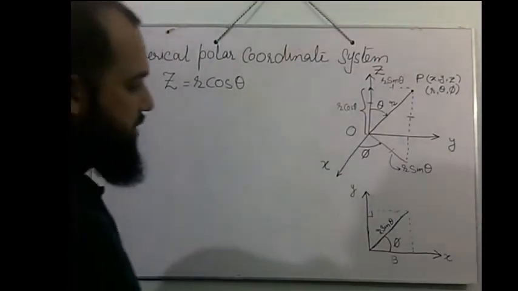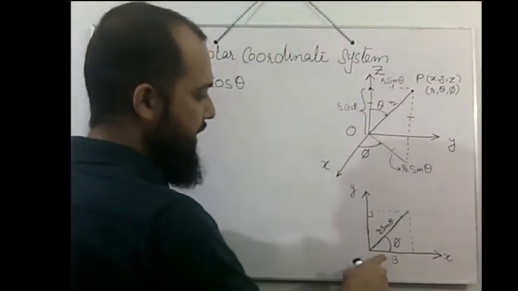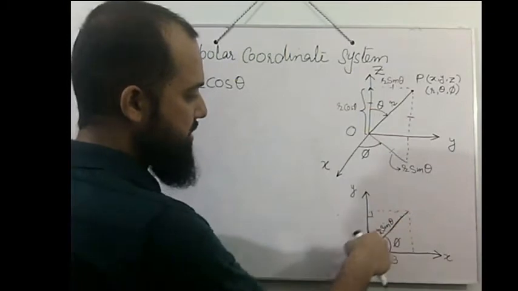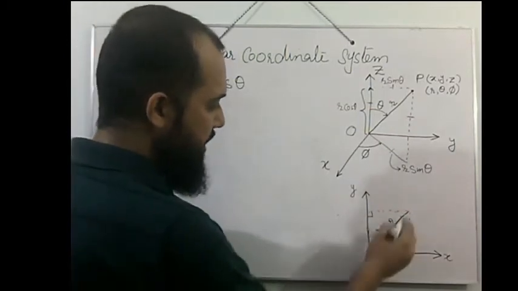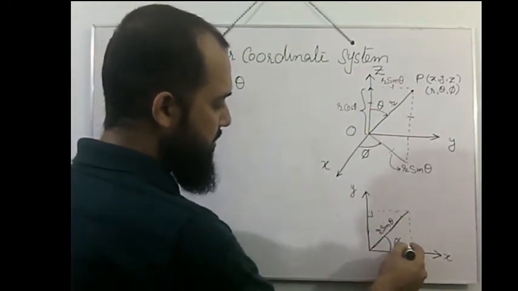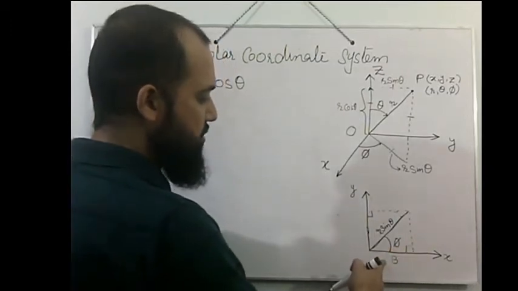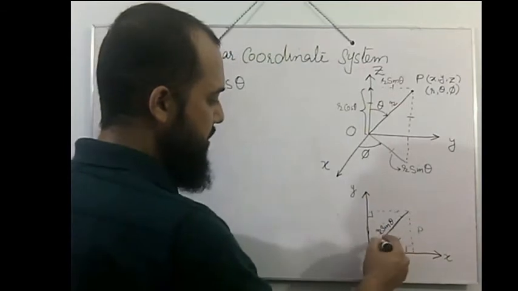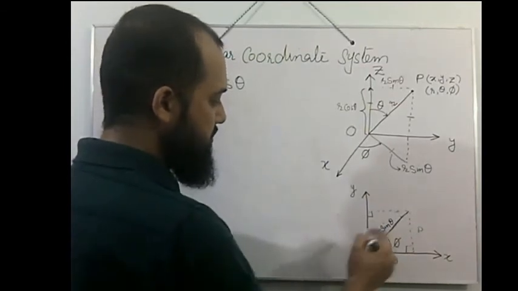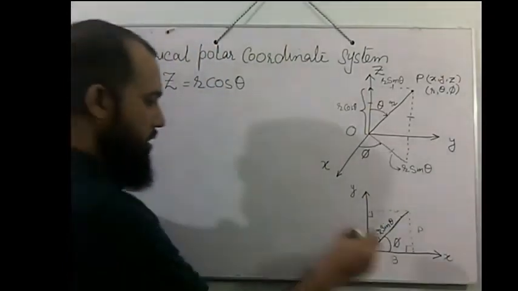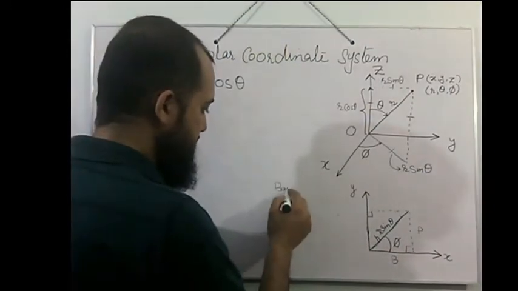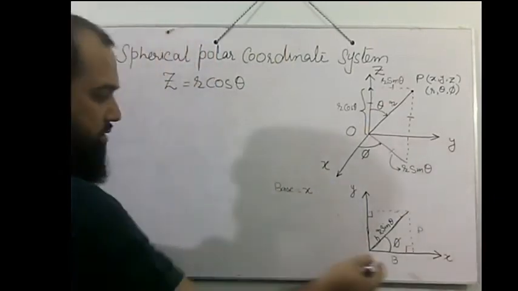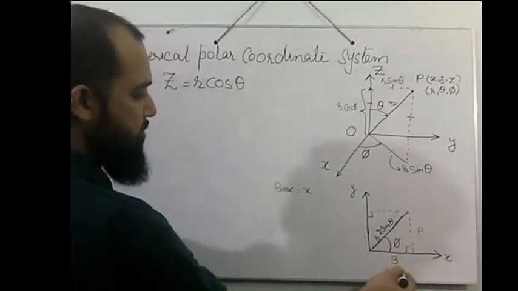Now the situation here is we have an angle phi. We know that this length is r sin theta, and we have a right angle triangle where the side touching the angle is called the base. This is the perpendicular and this is the hypotenuse. Here the base is equal to the x component, so we have the x coordinate here.